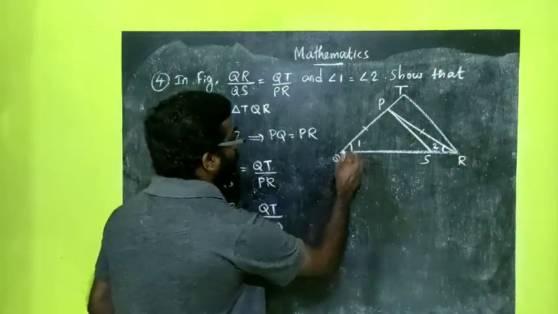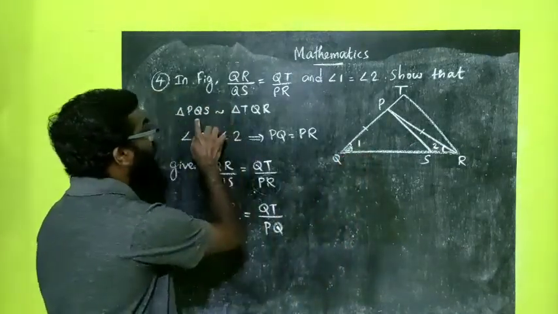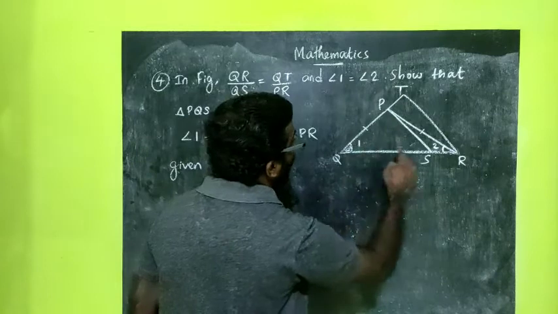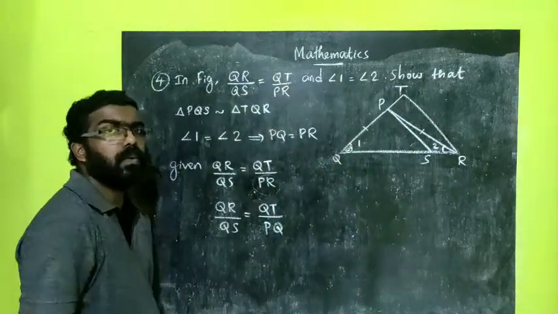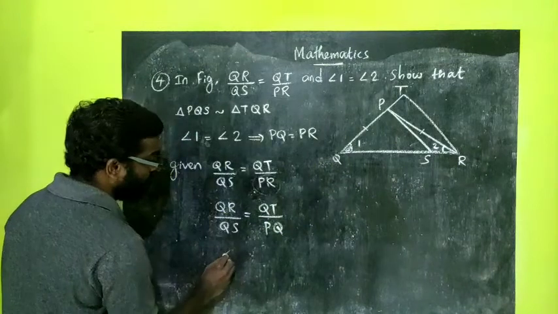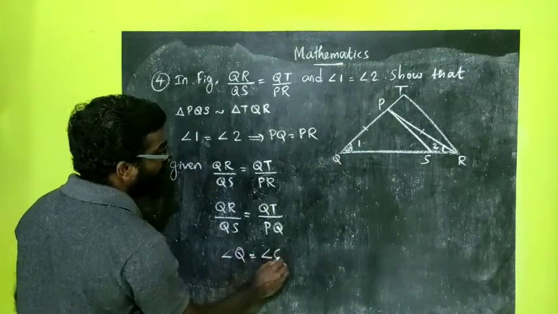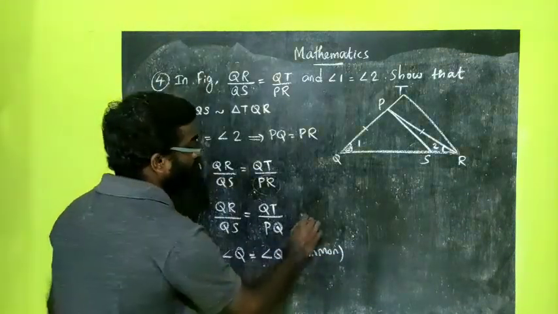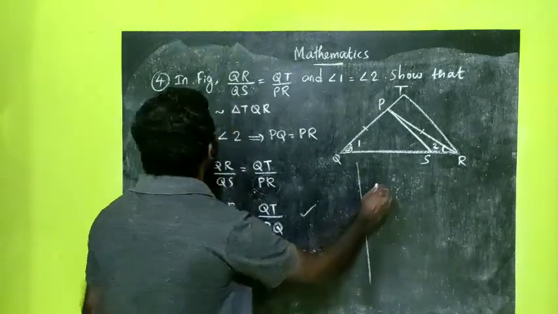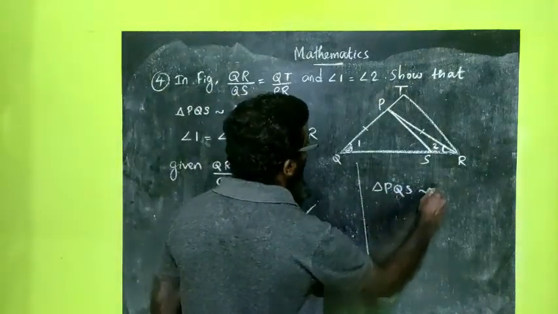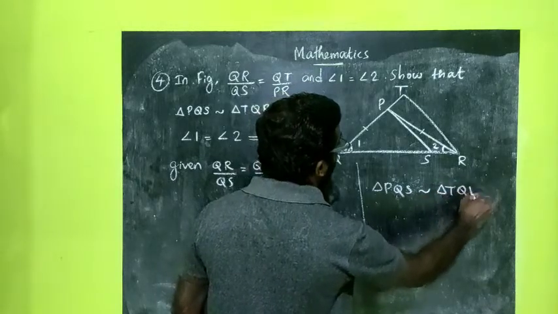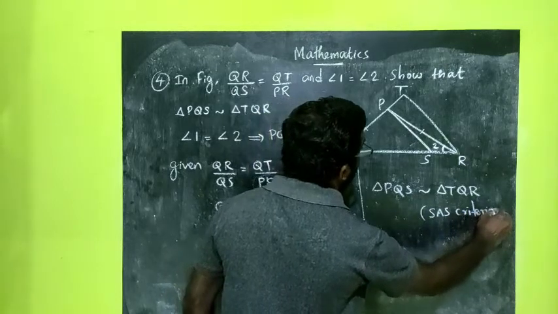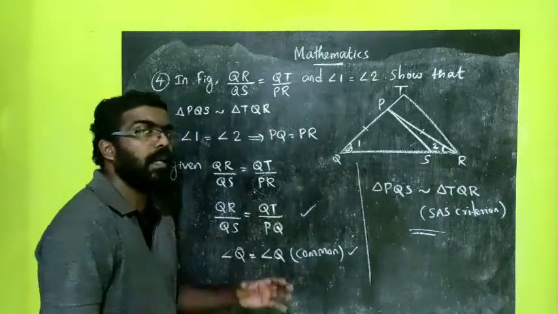And look at this angle. Angle Q is common to these two triangles. PQS includes angle Q, and TQR also contains the angle Q. So angle Q is the common angle here. So we can write angle Q equal to angle Q, which is common. So by combining these two steps, we can write triangle PQS is similar to triangle TQR by SAS similarity criterion, side angle side.